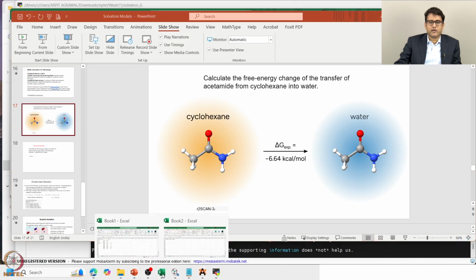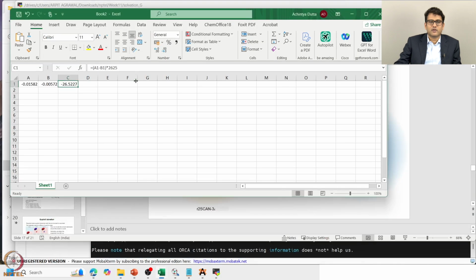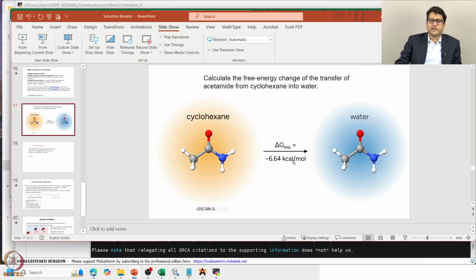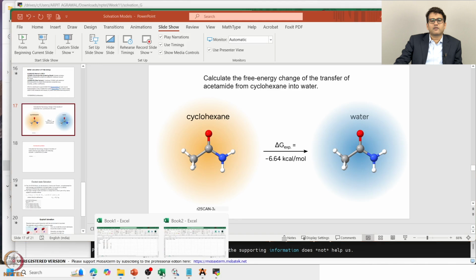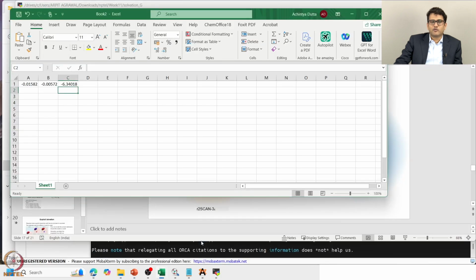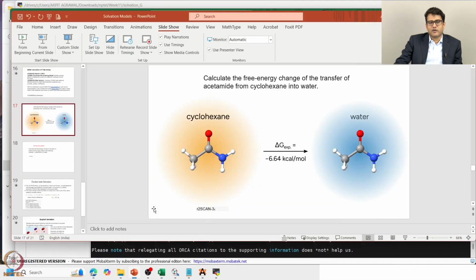So, in that case the conversion factor is 627.5. Minus 6.30, and the experimental value is 6.4 kilocalorie per mole. What I am getting is minus 6.340 kilocalorie per mole. So, the results are in pretty good agreement with the experiment.